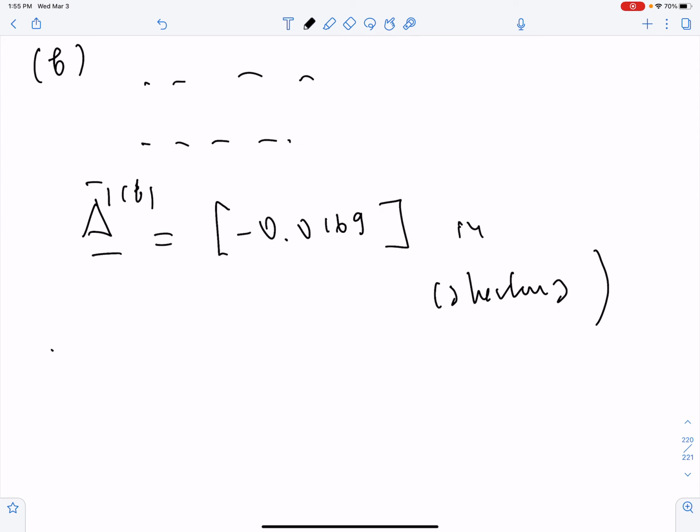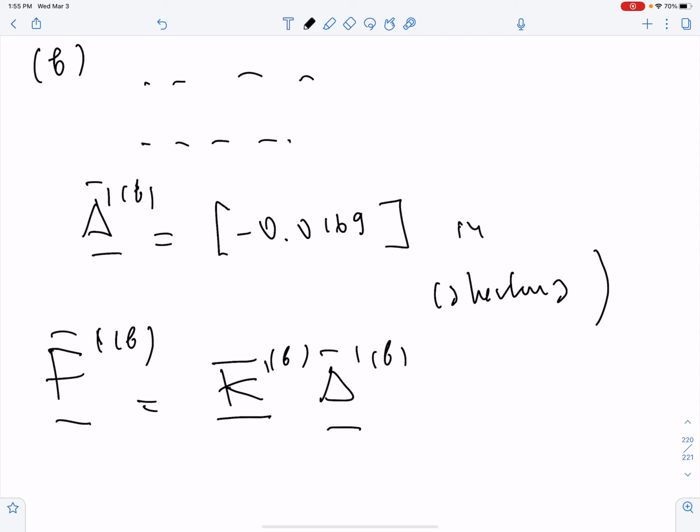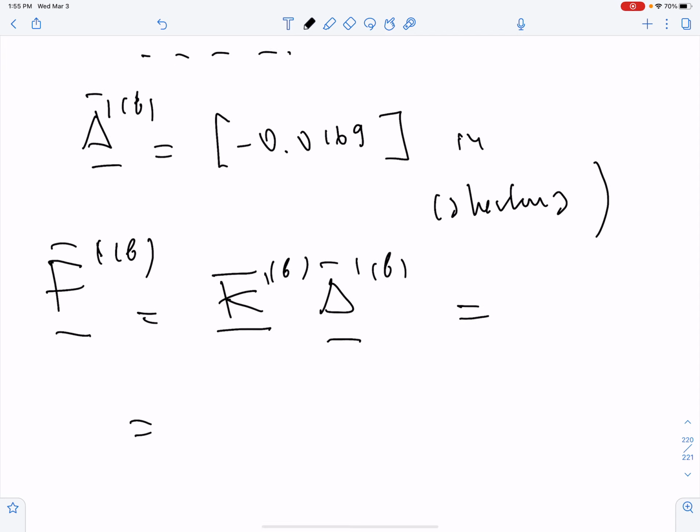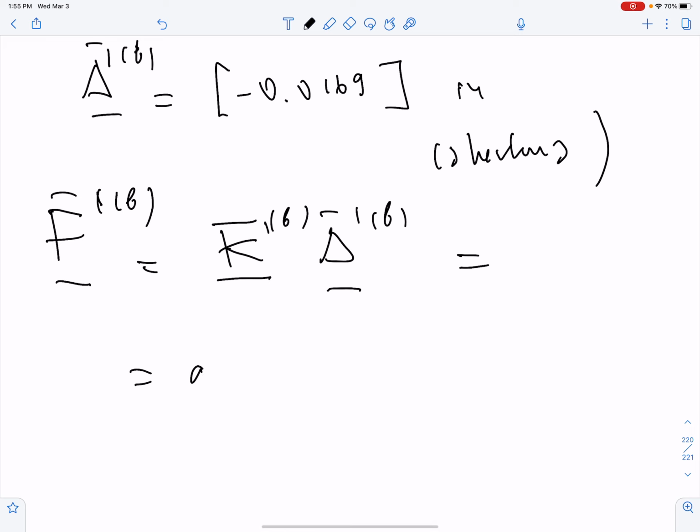But the basic forces, F prime B, you take kappa B times delta prime B. You end up computing 906 stiffness times minus 0.0169.